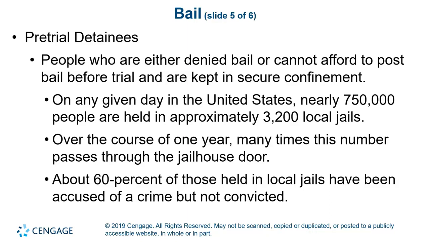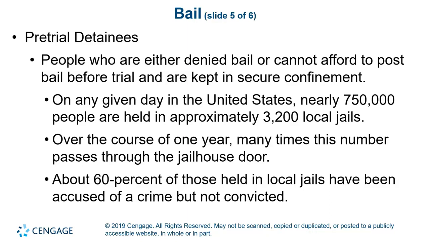About 60% of those held in local jails have been accused of a crime, but not yet convicted, because remember, the phrase for them is pretrial detainees. Those who are denied bail or can't afford to post bail, they're kept in that secure confinement.